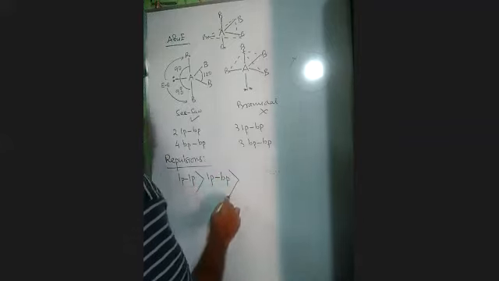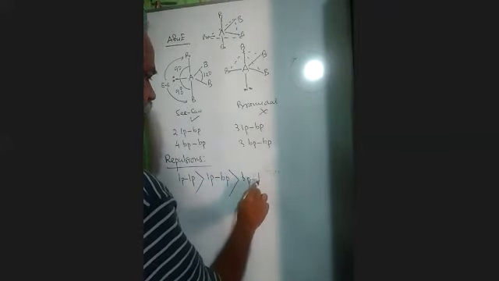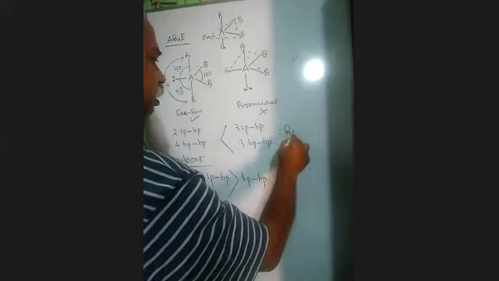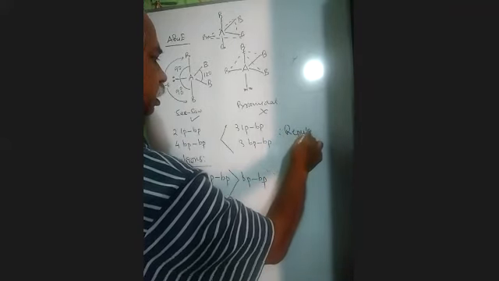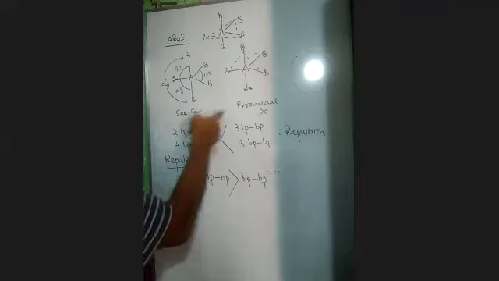Then after that you have bond pair repulsions. So where you find repulsion is more, this repulsion is more. All right. So what should I do right now here? This is the repulsion. So because of that, we take this structure, we don't take this structure.